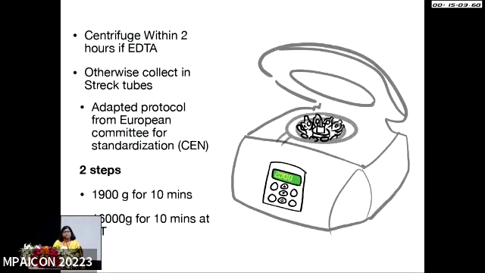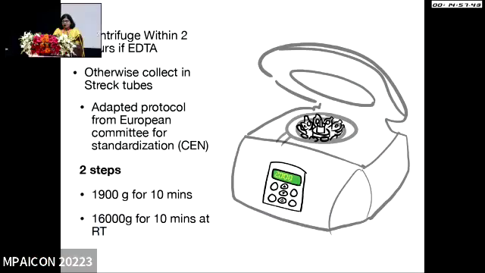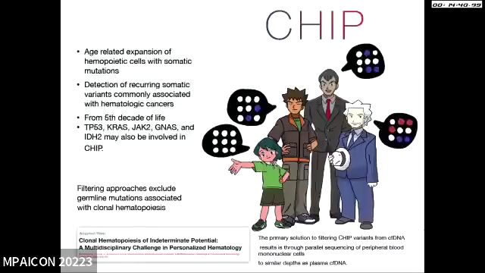And the most important aspect as far as processing is concerned, 2 steps of centrifugation is what is recommended. Though guidelines do not say, the European Committee for Standardization, CEN, has come out with these 2 steps: 1900 G for 10 minutes and 16,000 G for 10 minutes at room temperature. So this is a very important step to process your ctDNA or liquid biopsy.